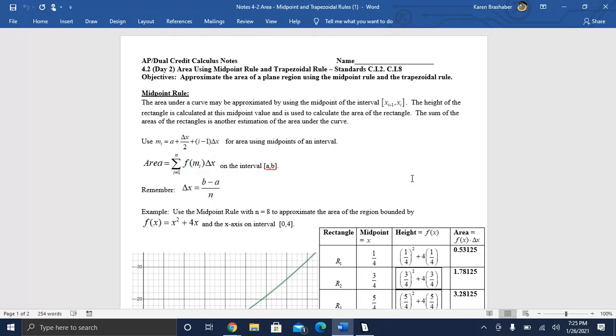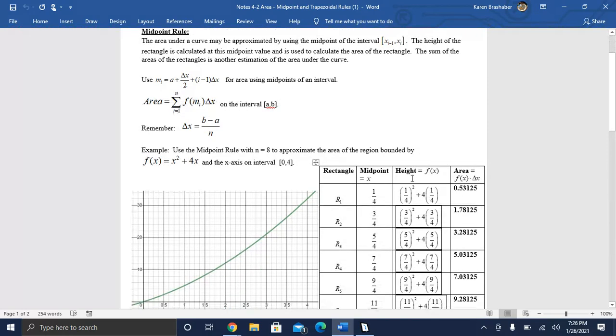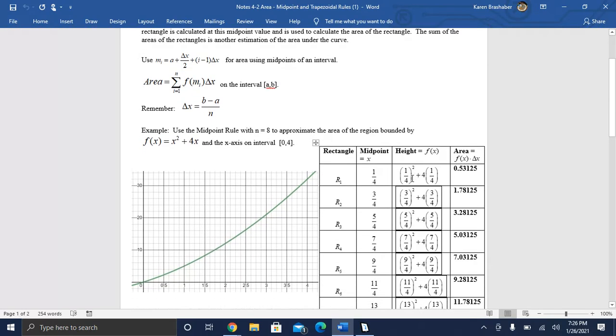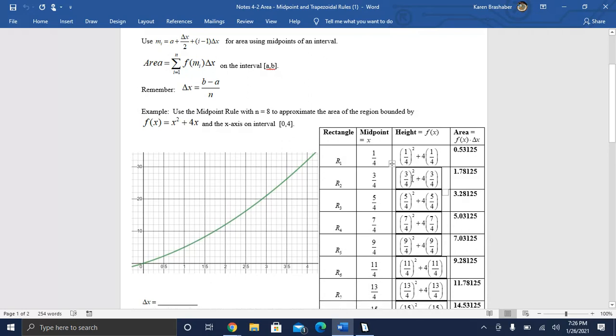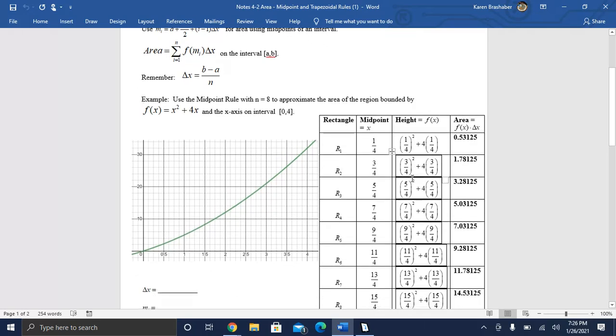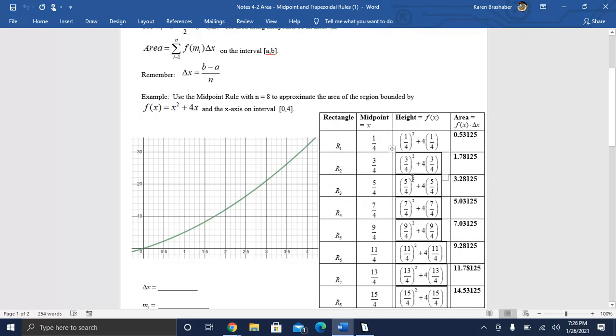For this rule, we will calculate the area of rectangles using the height of the rectangle at the midpoint of the delta x. So we'll be looking at doing a summation of those rectangles using your calculator, and we'll also do a little bit of looking at how that might be done by hand.